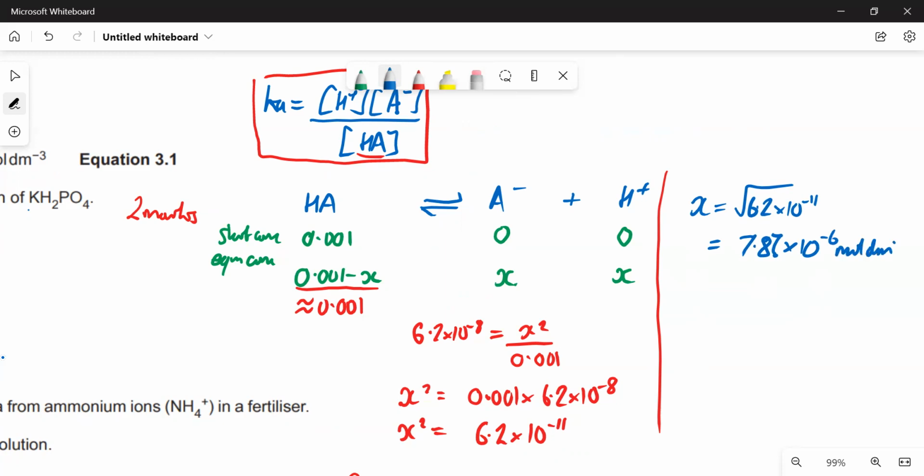Let's not lose sight of the fact that X is the concentration of H plus ions. So H plus is equal to 7.87 times 10 to the minus 6. Let's take a negative log of that to get a pH. Minus log of that is equal to 5.10. So that is the pH of our dilute solution of KH2PO4.